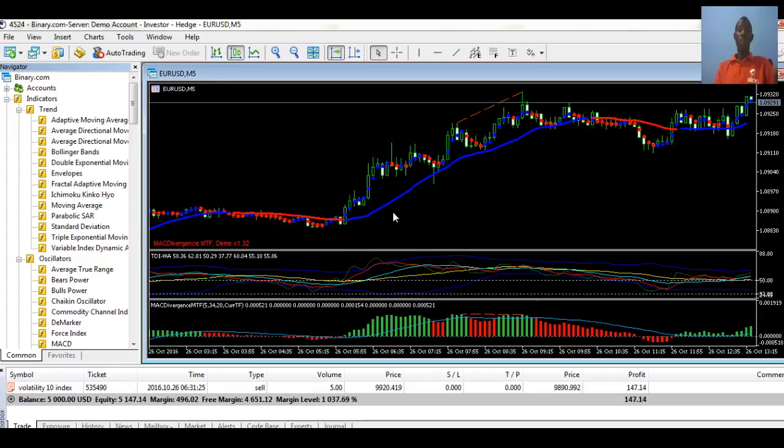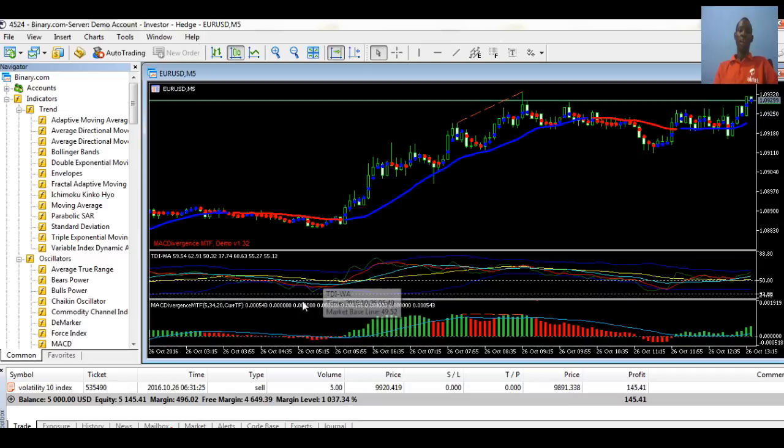Two, you must always trade in the direction of the forex line. Once the forex line comes up with that, you have to confirm from the TDI, which is the Trader Dynamic Index. Once the green line is above the yellow line, you can actually effect your trade, and the MACD is on the same platform with them. You can go on with it.